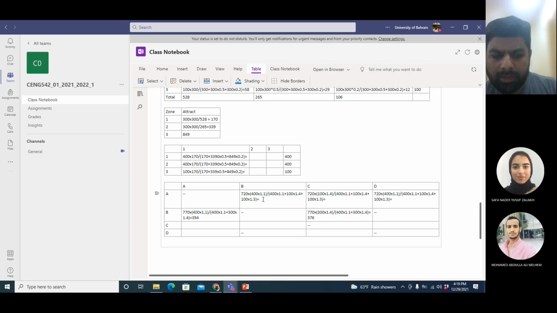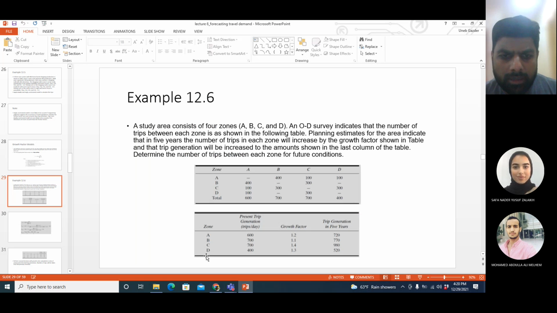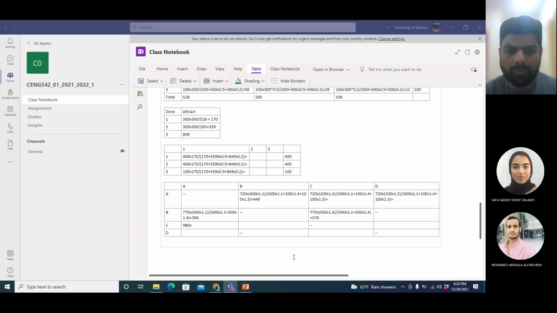Which one? This one? Yeah, B. If I go here, then it will be 100 into 1.3. The future trips are 980, the current trips 100, and the growth rate for D is 1.3.